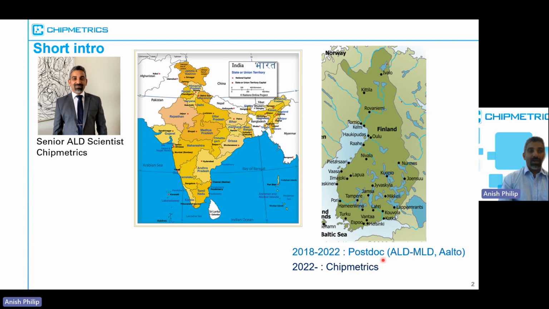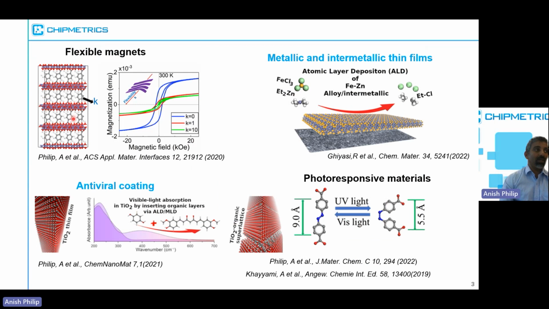Here I was working with the atomic layer deposition and molecular layer deposition techniques, which gave me immense experience in this field. Some of the important works I did utilized atomic layer deposition from an application point of view, like flexible magnets, metallic or intermetallic thin films, antiviral coating films, and photoresponsive materials.